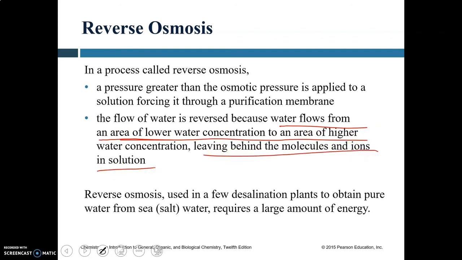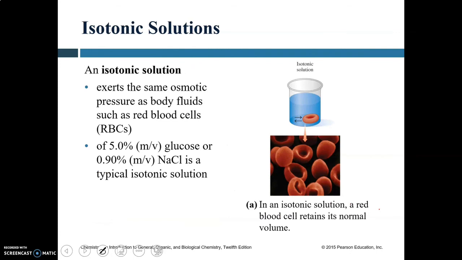You can use reverse osmosis to desalinate salinated water and obtain pure water from the sea. Some states in the Persian Gulf use reverse osmosis to obtain precious desalinated water from the sea. However, this process requires an enormous amount of energy.